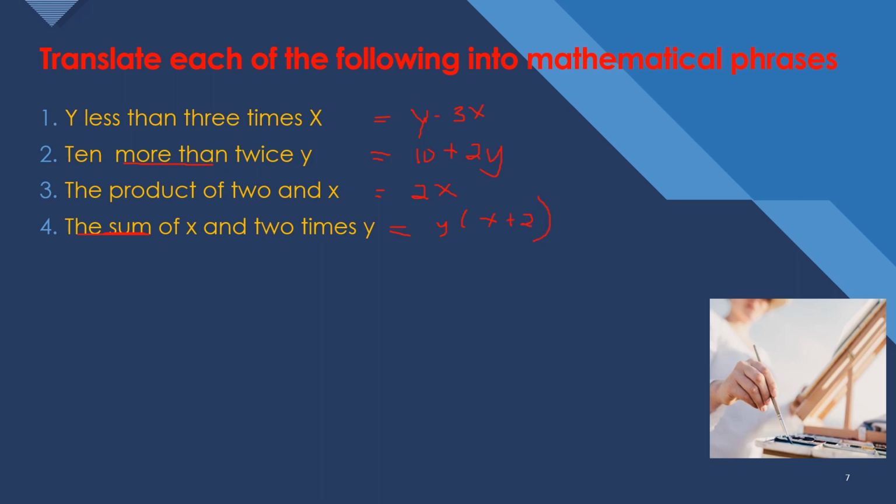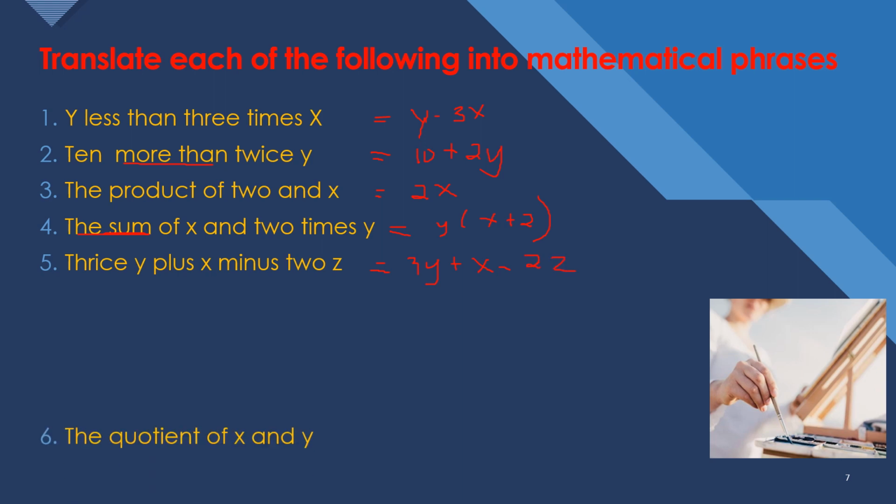Okay. So times y. Thrice y plus x minus 2z. Okay. So that means 3y plus x minus 2z. And okay. Number 6, the quotient of x and y.